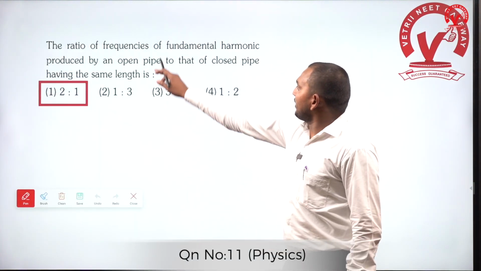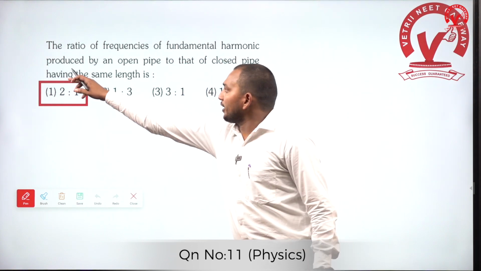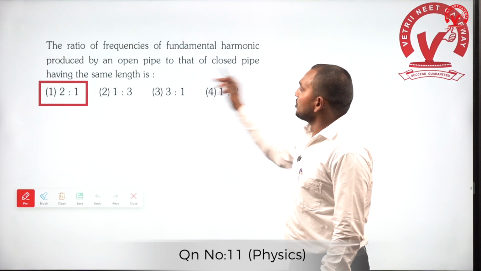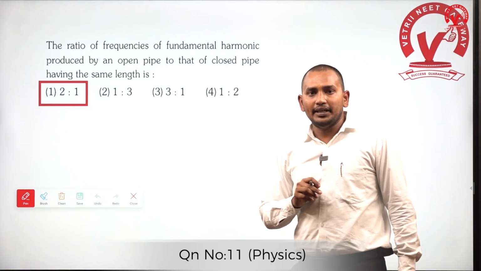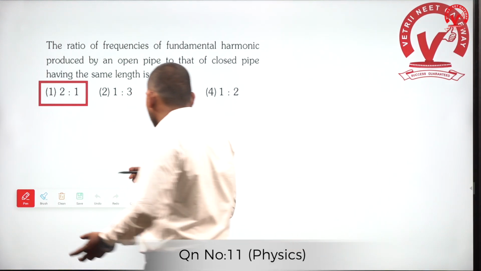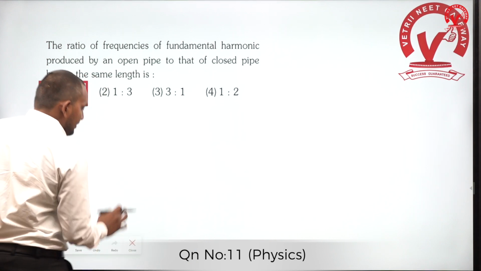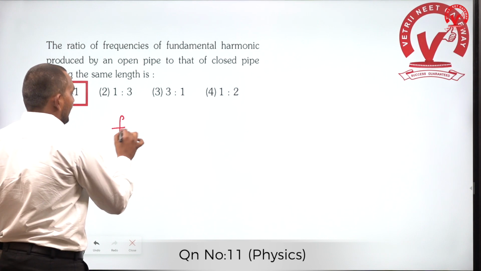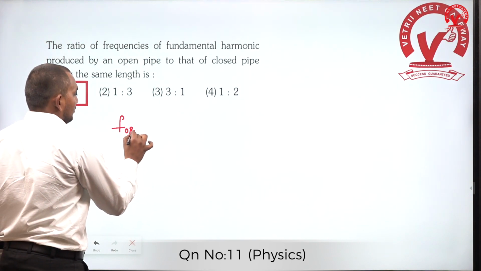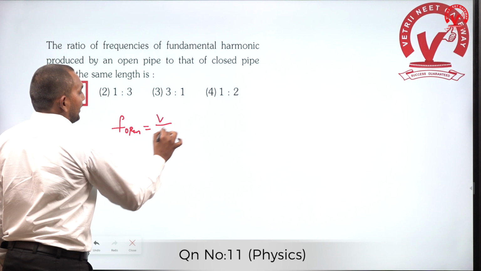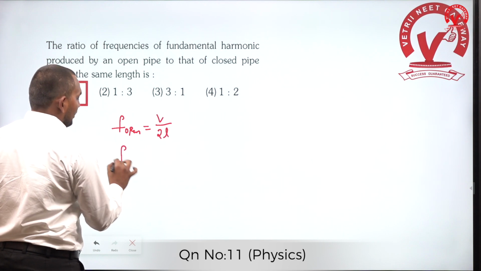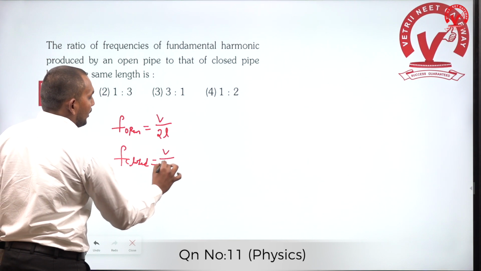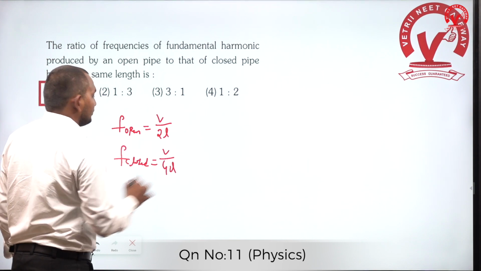The ratio of frequencies of the fundamental harmonic produced by an open pipe to that of a closed pipe having the same length. We know the frequency of an open pipe is V divided by 2L, for a closed one V divided by 4L.